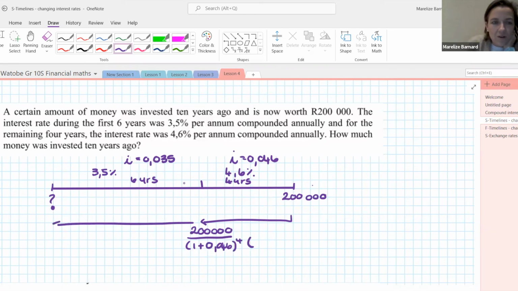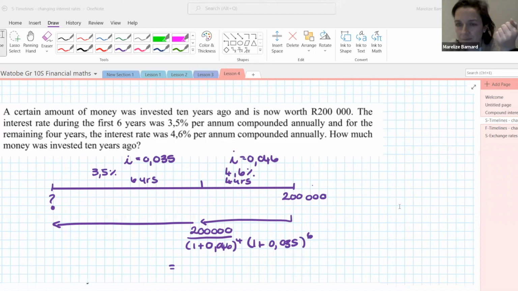So we are basically working out what the p-value is. And we first have to work it back the 4 years with the 0,046 and 4 years. And then we do the 0,035 to the power of 6. Okay, there's a few of you got that, so well done. Excellent, Amakle.